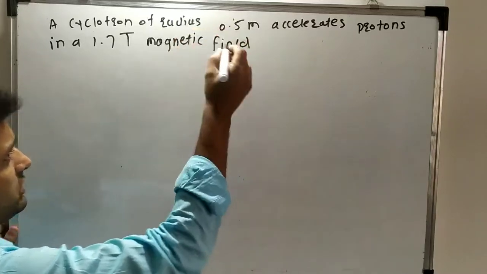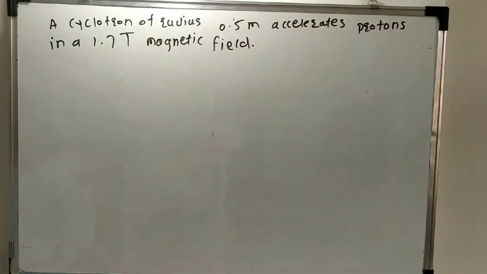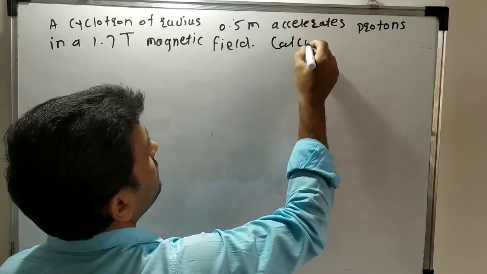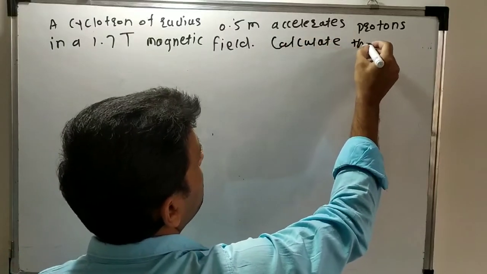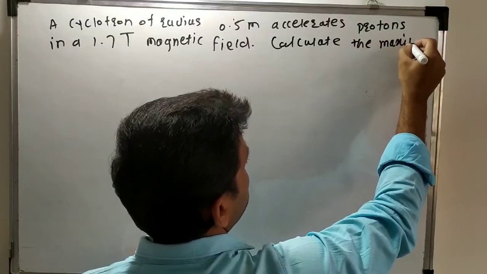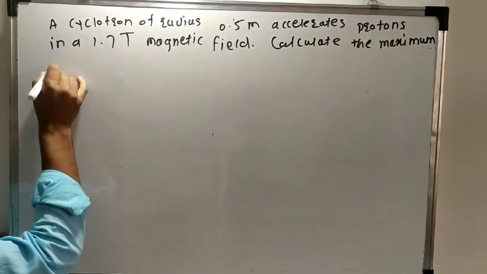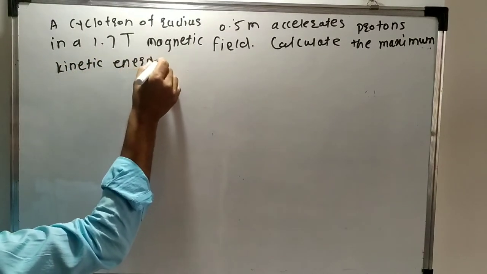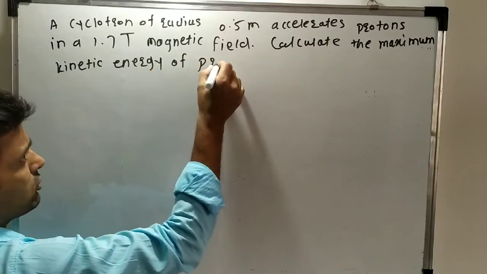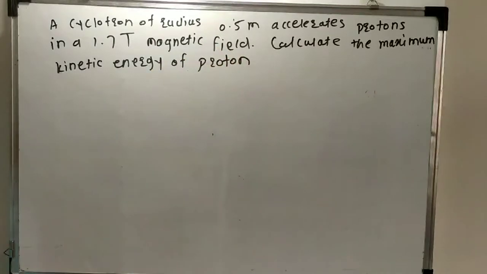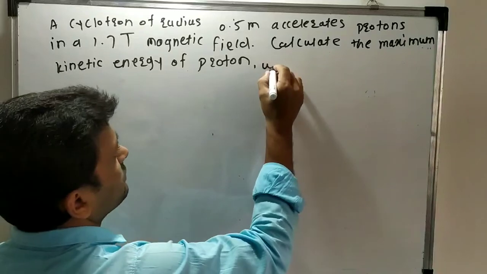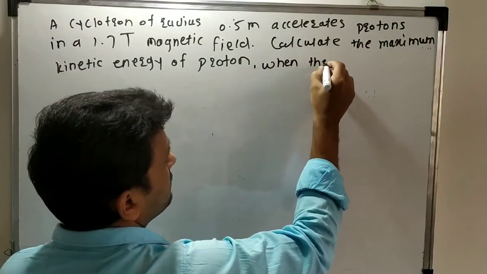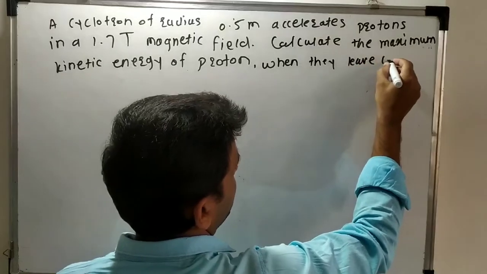So the magnetic field is given, that is 1.7 Tesla. Calculate the maximum kinetic energy of protons when they leave the cyclotron.